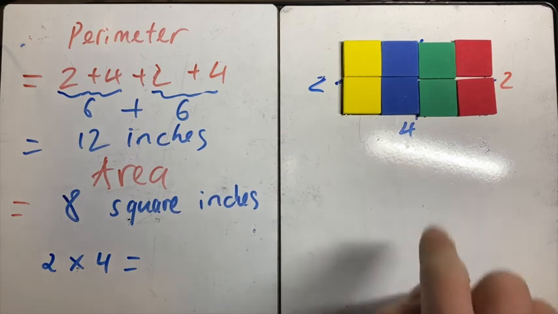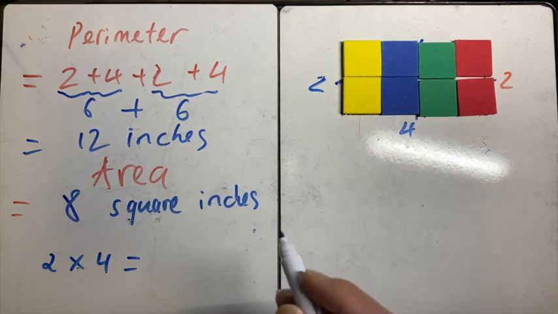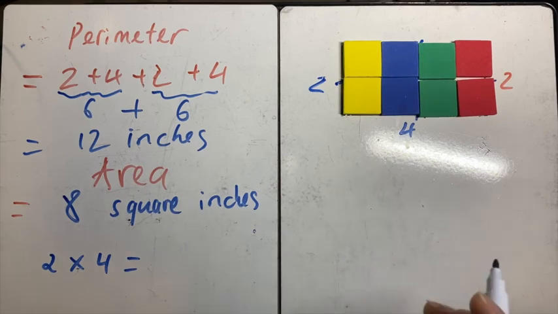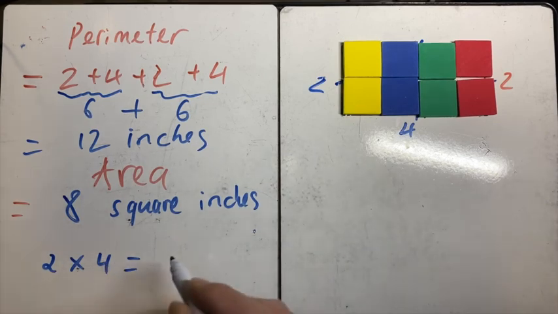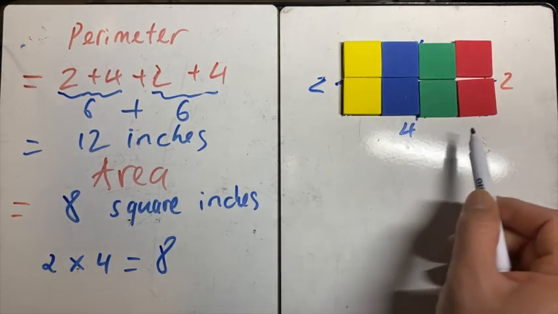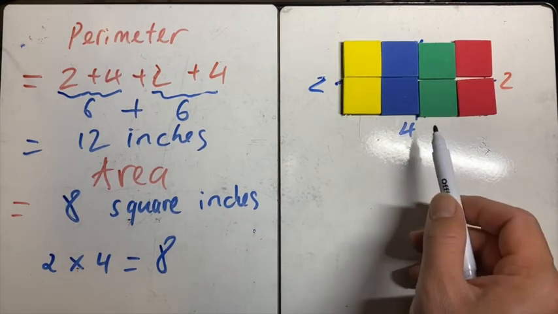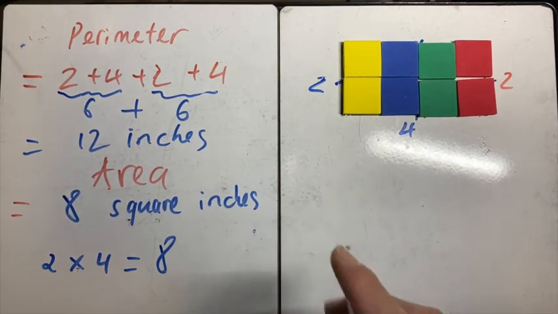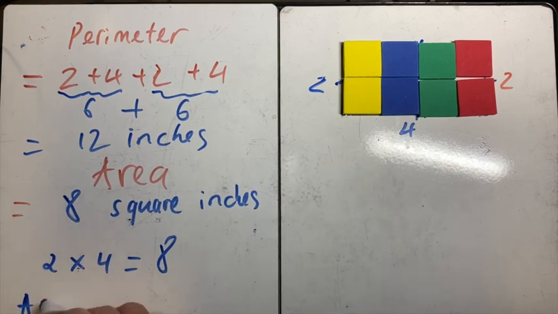If you watch the video Mr. Bui showed you last time about how to do the multiplication, you know that 2 times 4 equals 8. So we know that in order to find the area of the rectangle, we just need to use the formula: area equals the width.